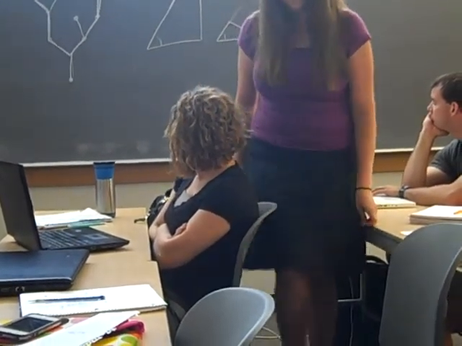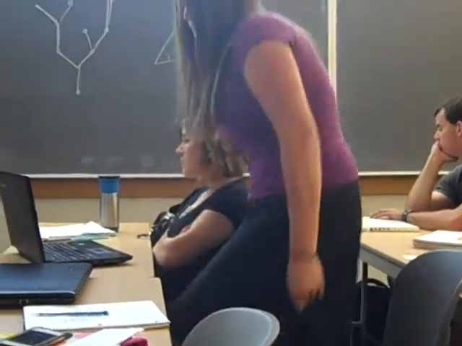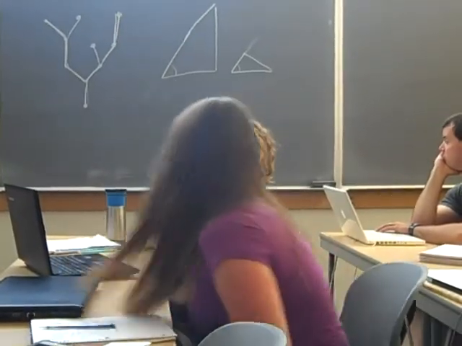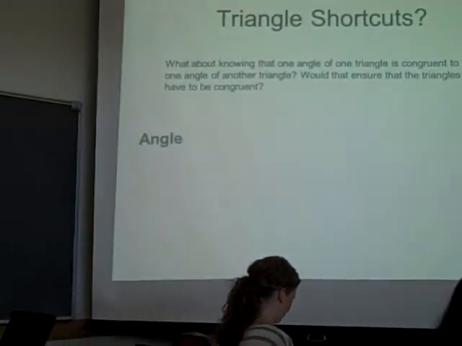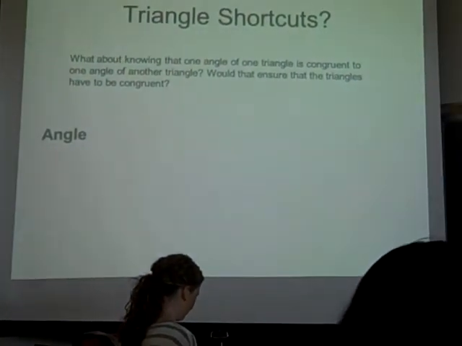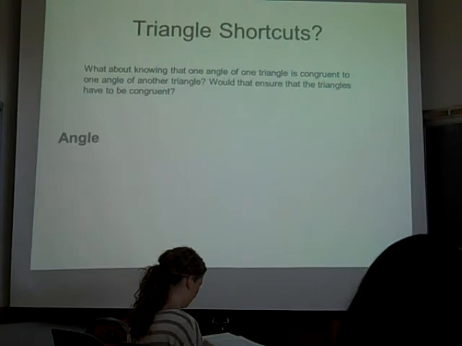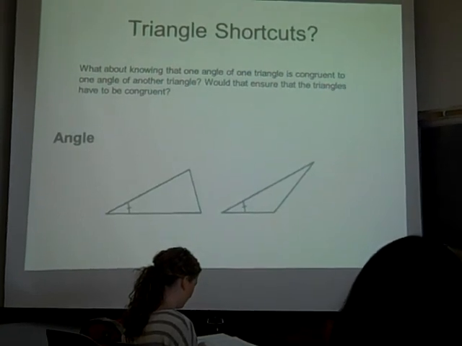We're not going to get a protractor out, but she's drawn two triangles that are obviously not congruent, right? They would not match if we slid or rotated or whatever. Okay. So the angle shortcut doesn't appear to be a valid shortcut either. So that's using one, and there's another example of a counterexample of one that doesn't work.